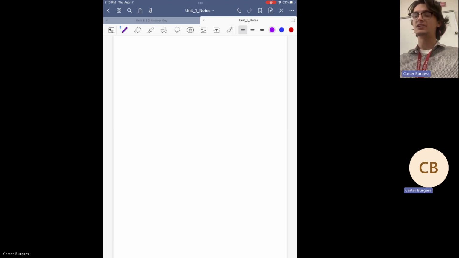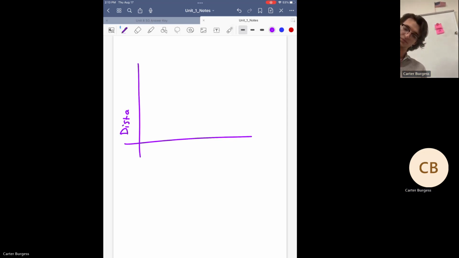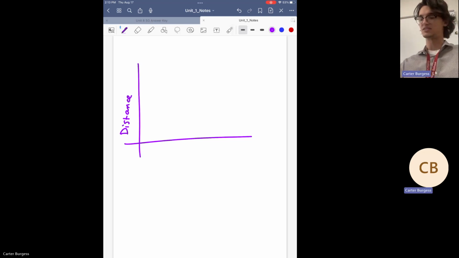So if this is our axis, that's distance from work, and this is the time. I start out pretty far away. And maybe driving through my neighborhood, I have to go a little bit slow. But eventually I get on the highway so I can move faster.